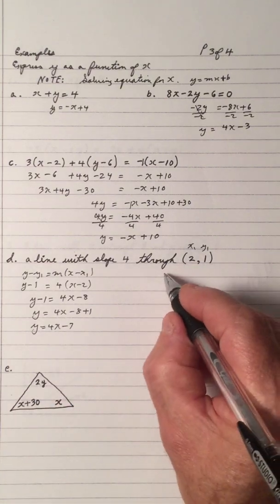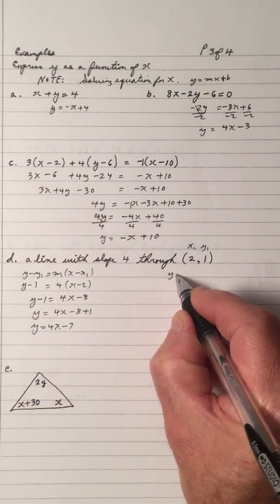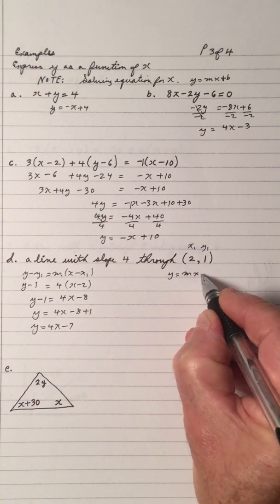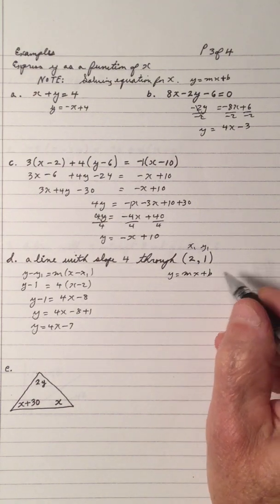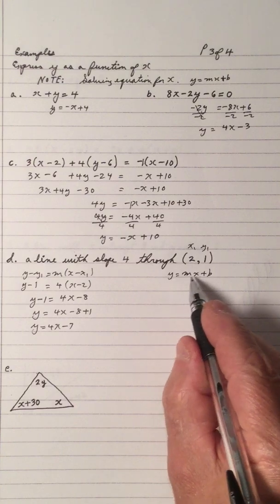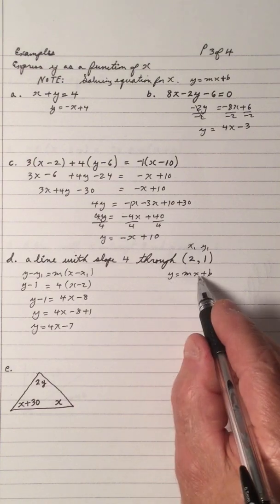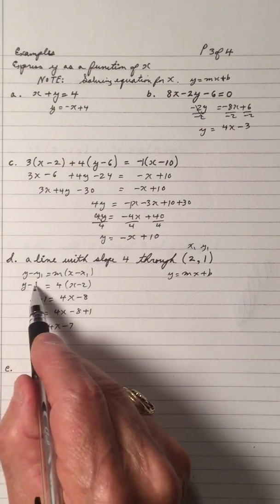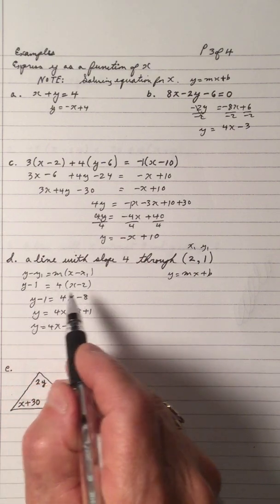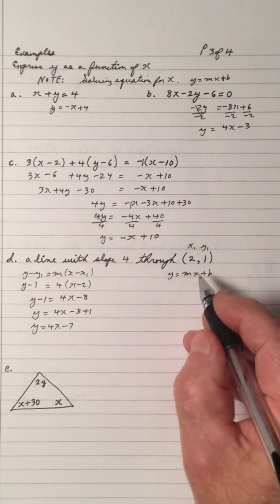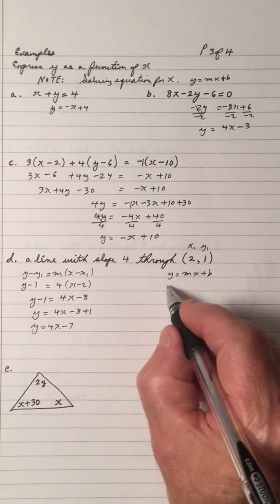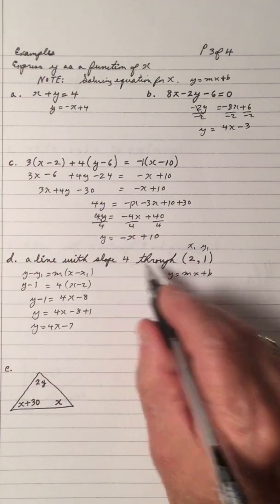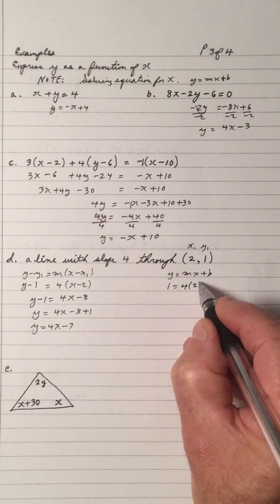And another way to do this could be y equals mx plus b. This is y is a function of x right here, right away, whereas this equation, y is not a function of x because the negative 1 is on the left side. We got to move that over. So y is 1, the slope is 4, x is 2.